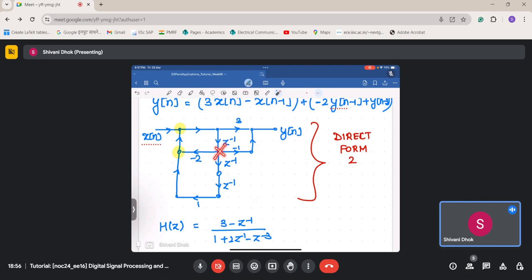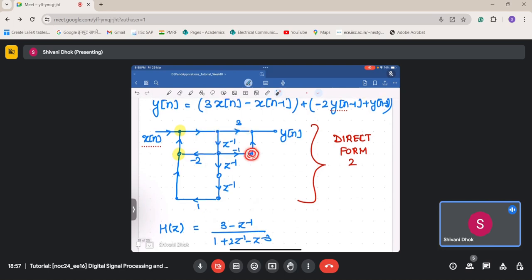Similarly, if you look at this node, we have 1 branch coming here, and then we have 1 branch going out here and another branch going out here. So two branches are not coming inside this particular node. Therefore, this is also not serving as an adder. Again, this particular node is like a connecting node, it's not doing anything.